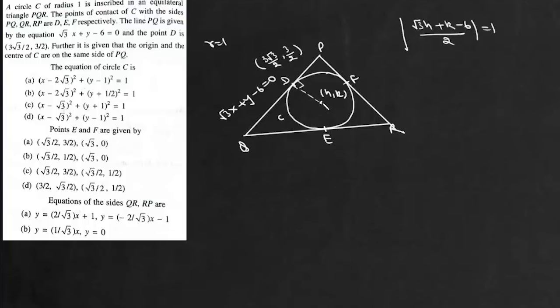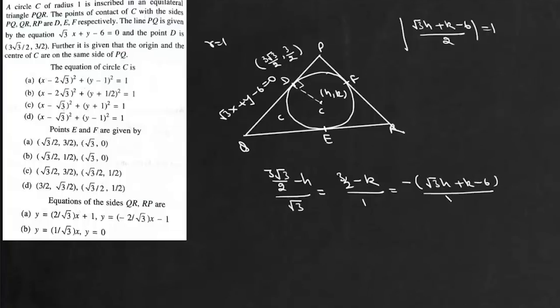And we know that the foot of perpendicular from the center to this PQ will be this coordinate D. So we can straight away write (3 root 3 by 2 minus h) upon root 3 is equal to (3 by 2 minus k) upon 1, and it will be equal to minus (root 3h plus k minus 6) upon 4.